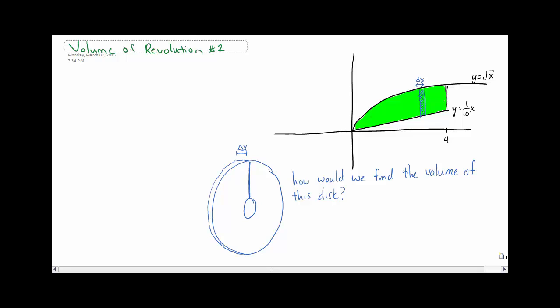So this was the region that we have. We're rotating this around. How would we find the volume of this disk? Well, we've done some problem solving with circles probably at some point.